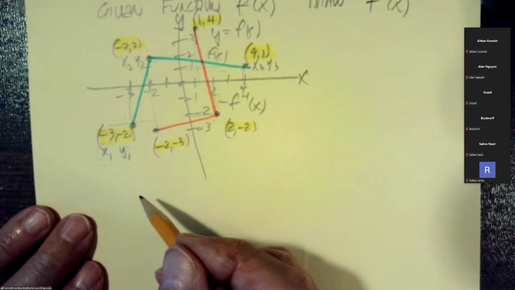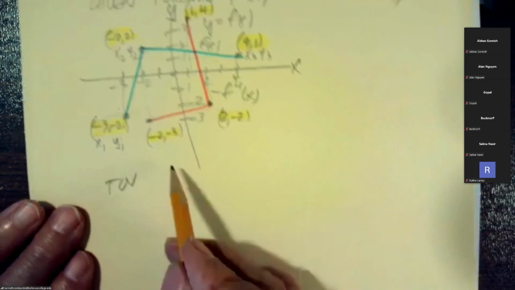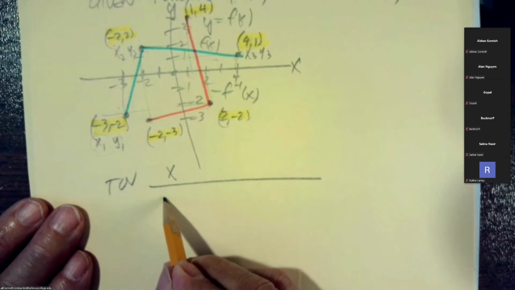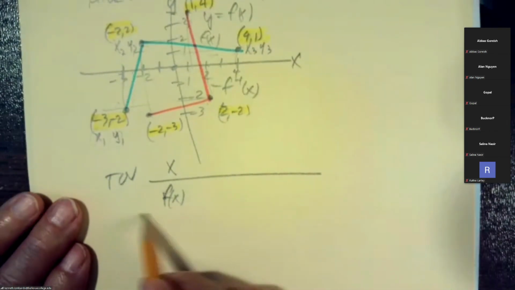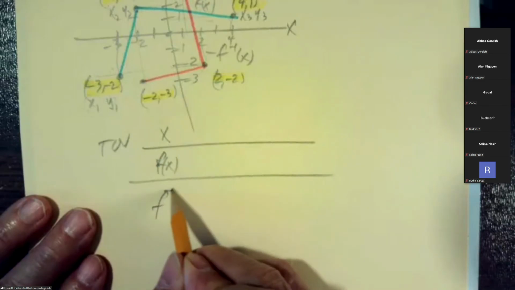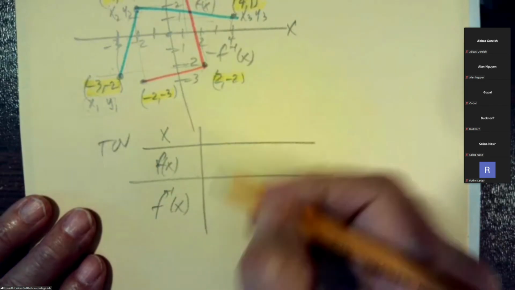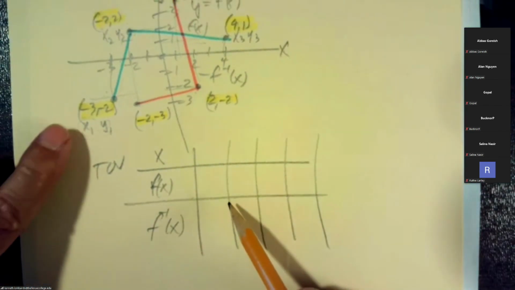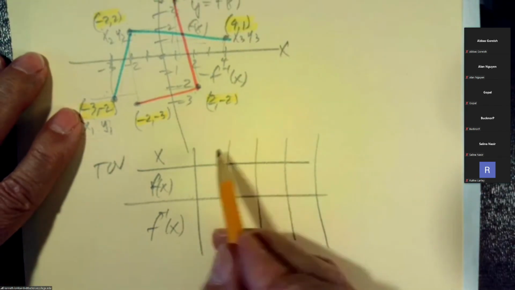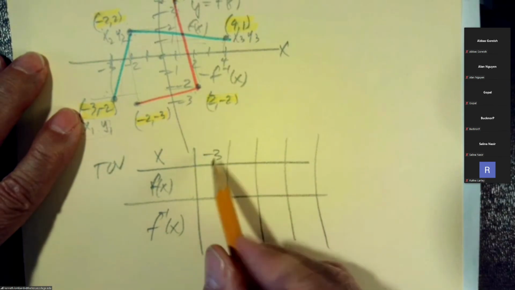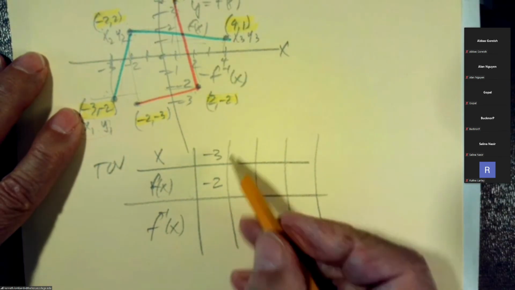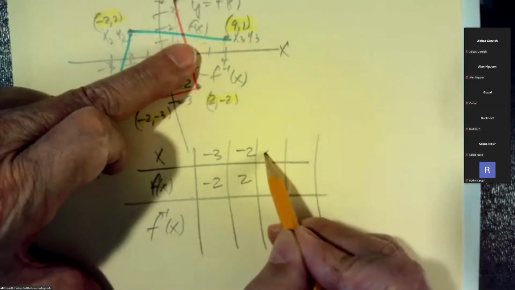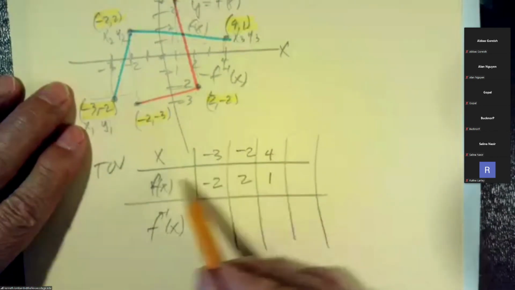If I want, I could create a table of values, x, and I could say f of x, and I could say f inverse of x, just like we have done before. And if I'm out here at -3, f of x at -2, at -2, I was at 2, and at 4, I'm at 1.